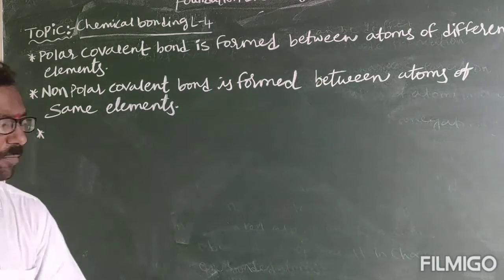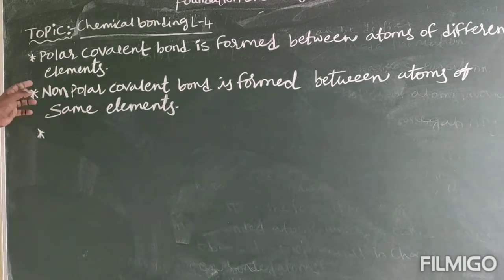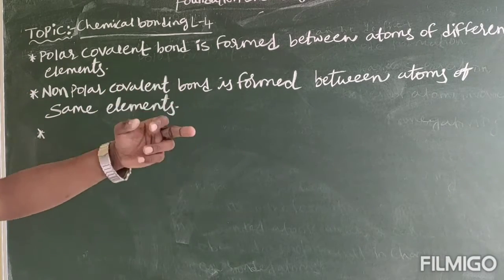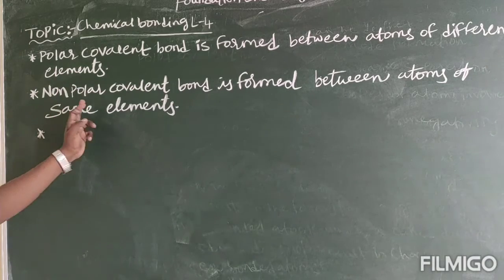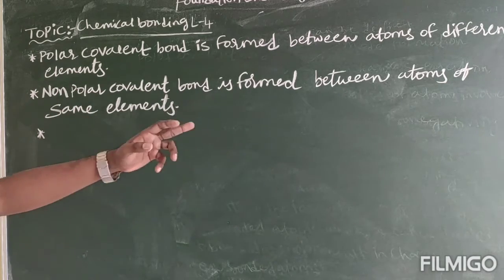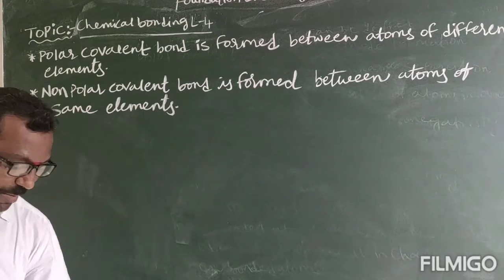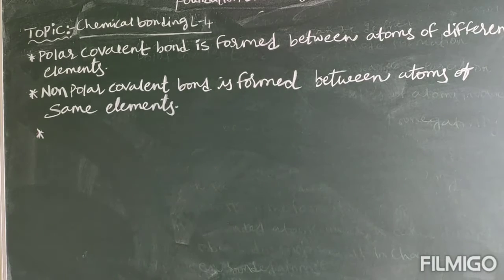Based upon the atoms, a polar covalent bond is formed between the atoms of different elements, and a non-polar covalent bond is formed between the atoms of the same elements. This is the case.